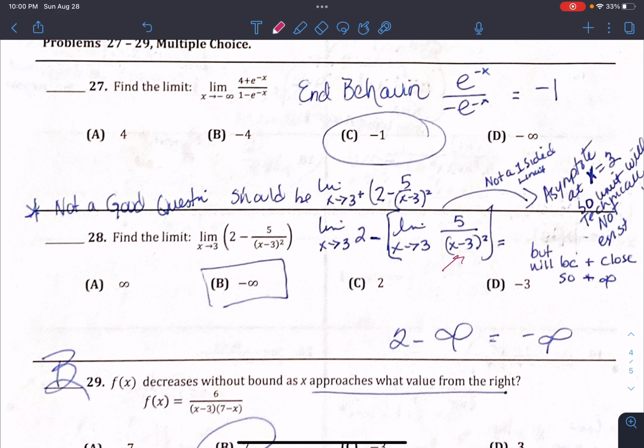So if I put in 2.999 minus 3, it'd be negative, but then that gets sent to positive, right? And if I go 3.111, that's still positive. So any way you take it, this is going to be positive.